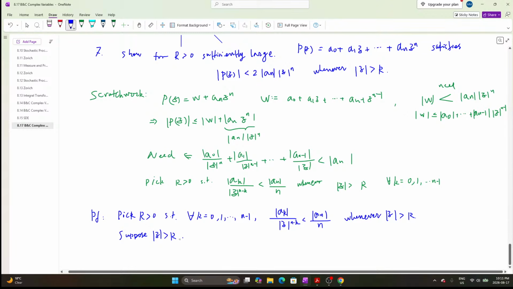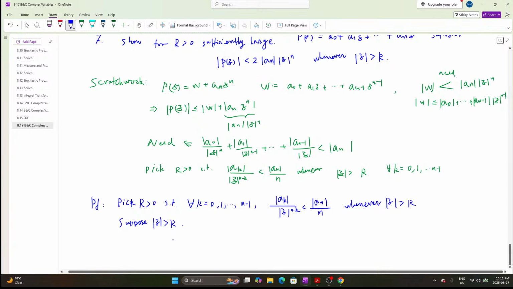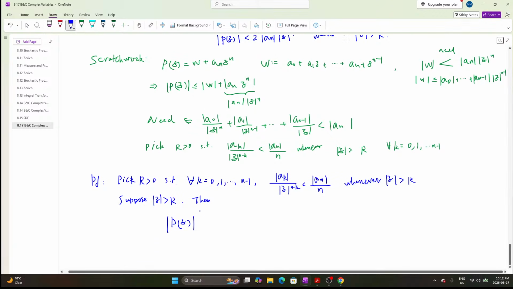Then you have the modulus of p of z less than or equal to, actually, let's first group the terms. Let's write p of z as follows.